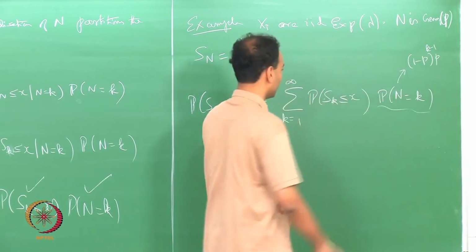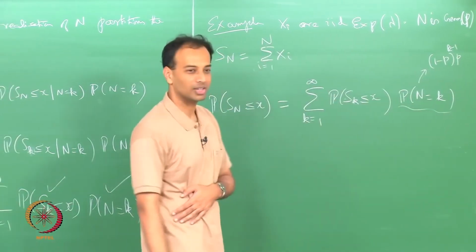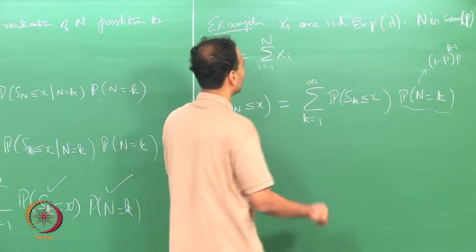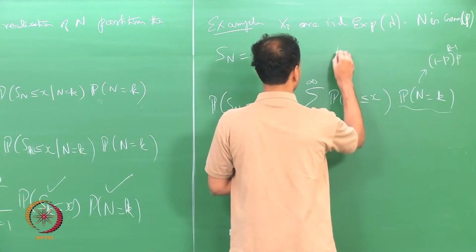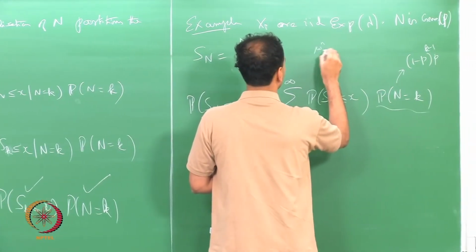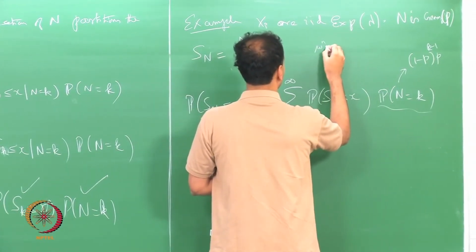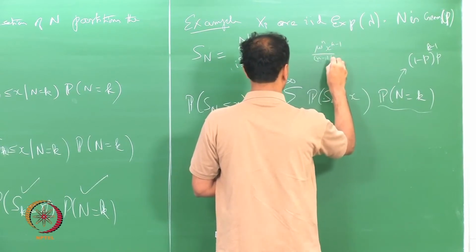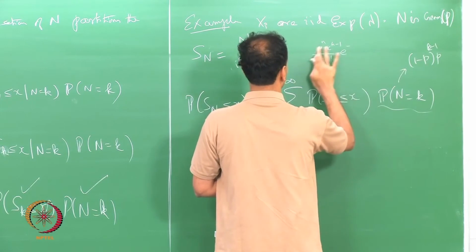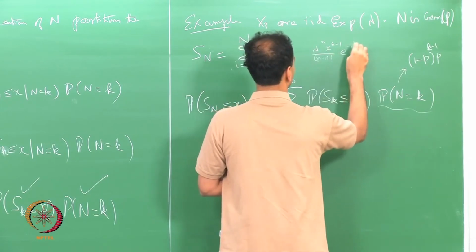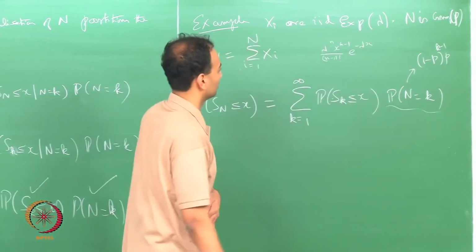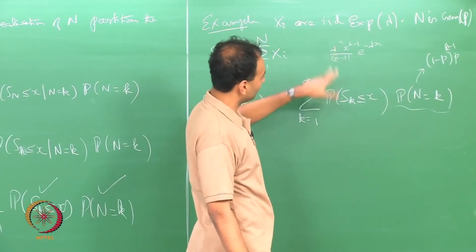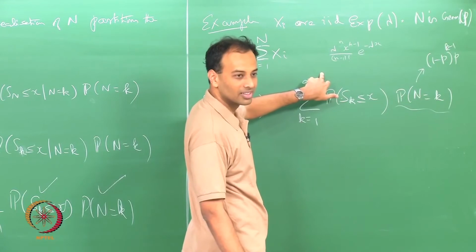And this first factor I do not know off the top of my head, does anybody remember the CDF of the Erlang? I think the PDF looks like lambda to the n, x to the power n minus 1 over n minus 1 factorial, e to the power minus lambda x. So, this is how the PDF looks, and the CDF is the integral of this.